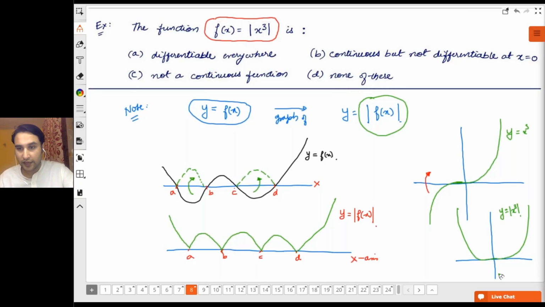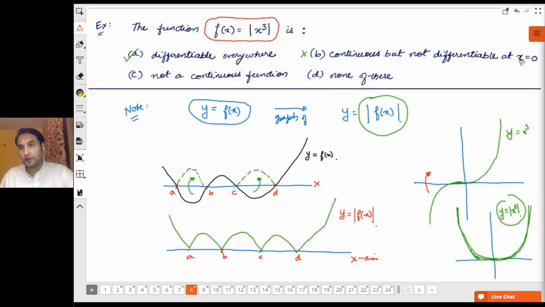Got it? Clear? Now, if you look at this function, it is a smooth graph. y equal to mod of x cube. So since it is a smooth graph, it is continuous and differentiable everywhere. The rest of the options are not true.